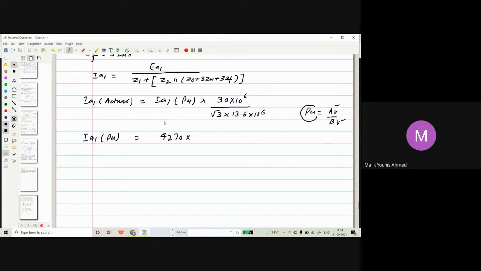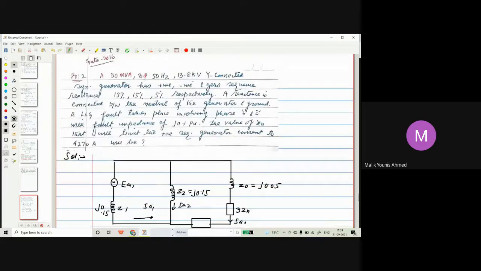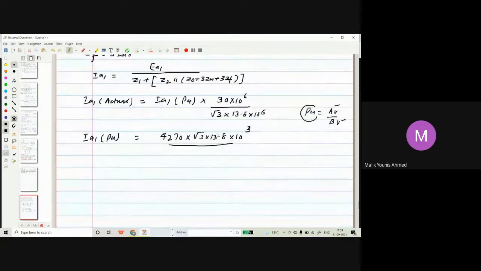The actual value is 4237, and the base value is under root 3 into 13.8 into 10 to the power of 3, with 30 into 10 to the power of 6, since 30 MVA is there.